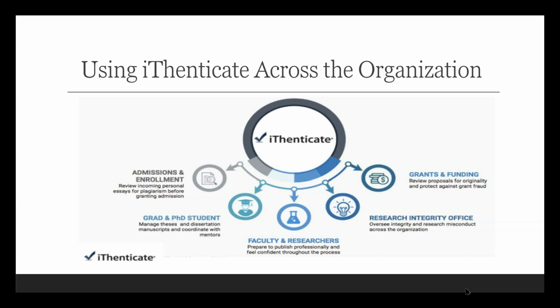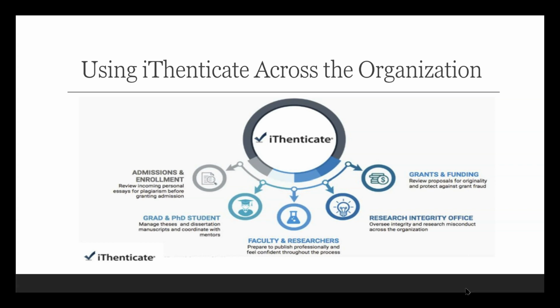Faculty and research offices use it for research papers, and for grants and funding. Whatever proposals you write to request funding, they also check your document in iAuthenticate, because iAuthenticate gives the accurate report.